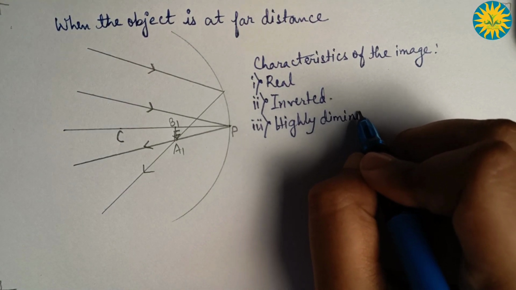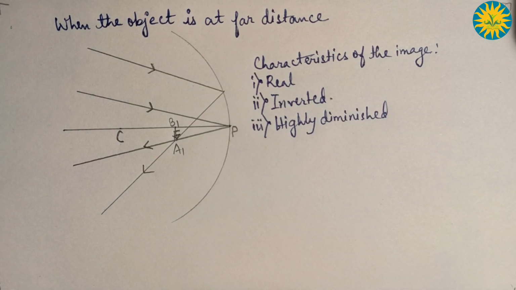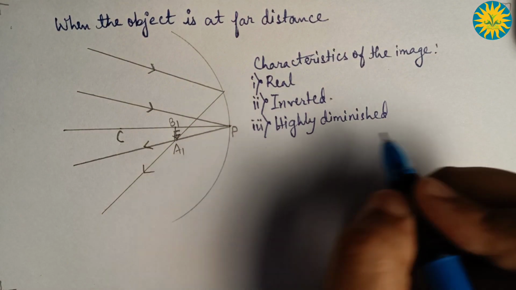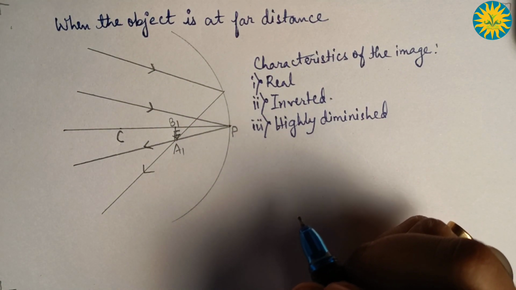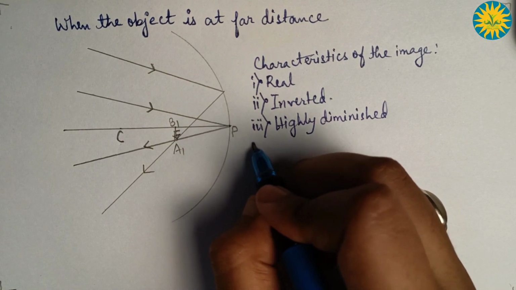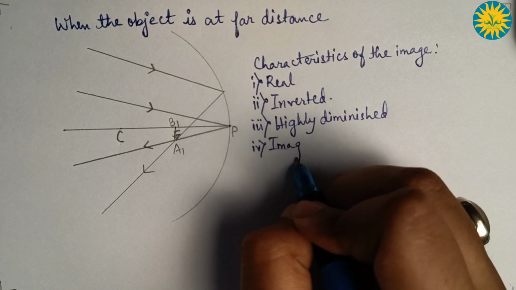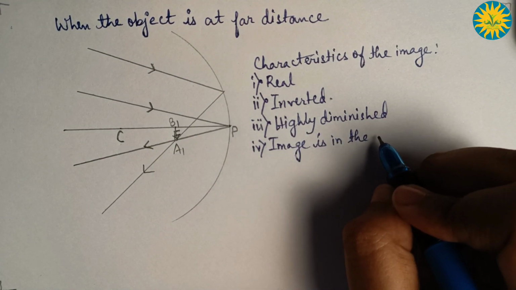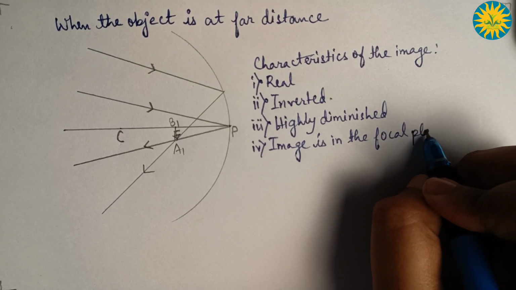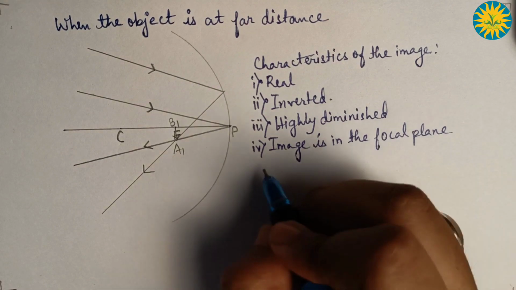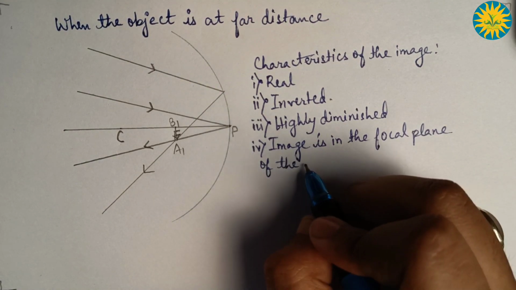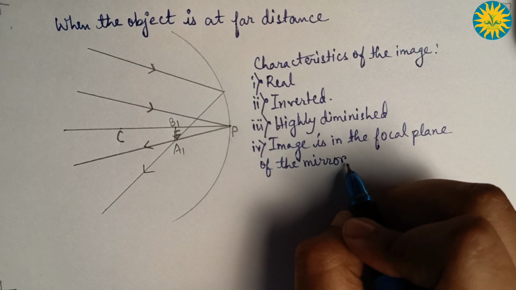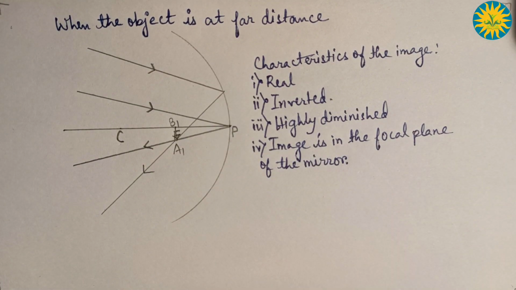Now the third point, the image is highly diminished as compared to the object. Now we will write the position of the image, that is, the image is formed in the focal plane. So these are the characteristics when the object is at far distance.